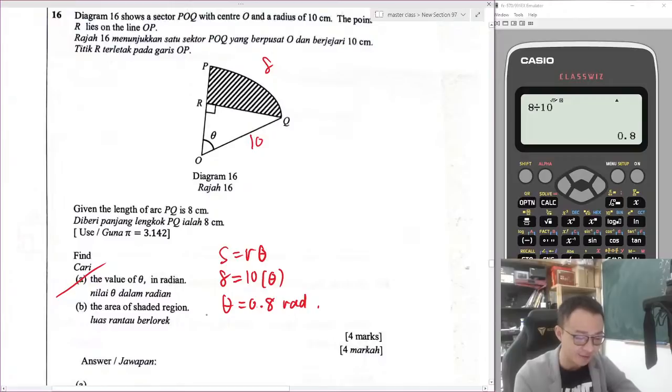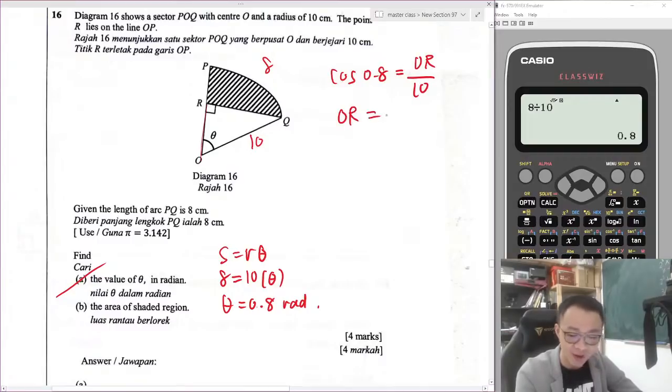To find the area of the shaded region, we need to use the area of sector minus the area of triangle. For the triangle, I need to find some length here. Let's say I find this length here using cos. Cos 0.8 equals OR over 10.